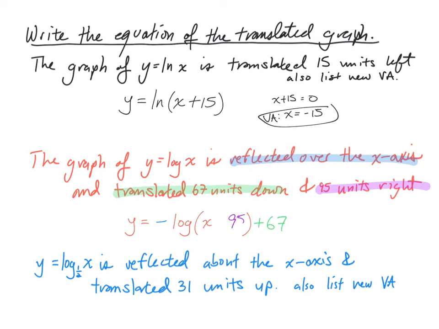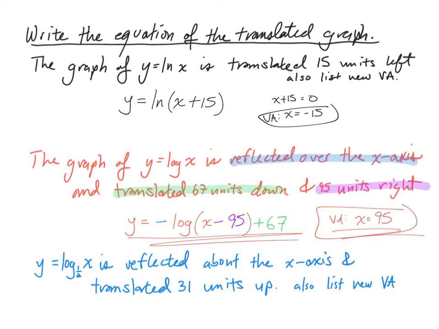Well, first a 95, but moving to the right means we should have a negative in there. So it would be x minus 95. And again, if you set the argument equal to 0 and solve for x, you would get x equals 95 as your new vertical asymptote. So this is the new equation. This is the new asymptote. Just like in the last example, here's the new equation, here's the vertical asymptote.